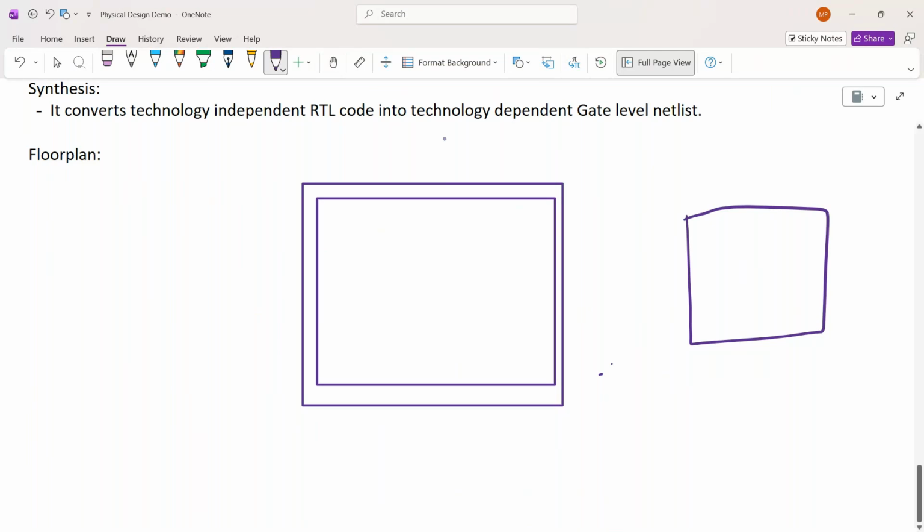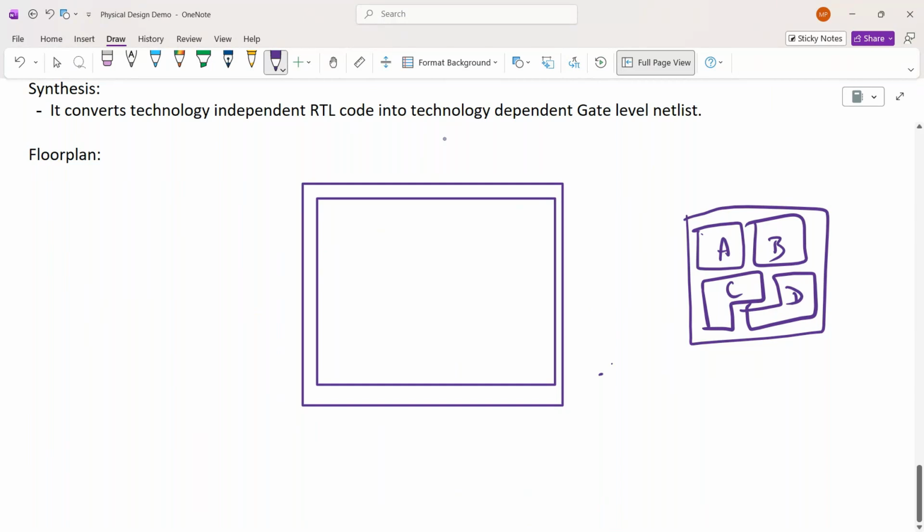The whole chip cannot be designed or fabricated at a time, because there will be lakhs of components. So they divide it into small blocks, like this is A, B, C, D. This is a full chip, divided into different blocks.